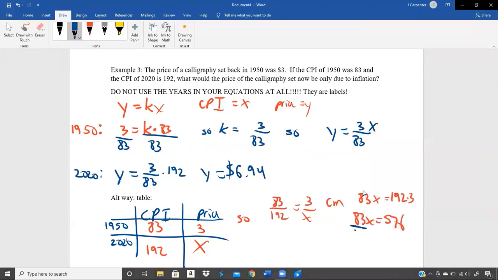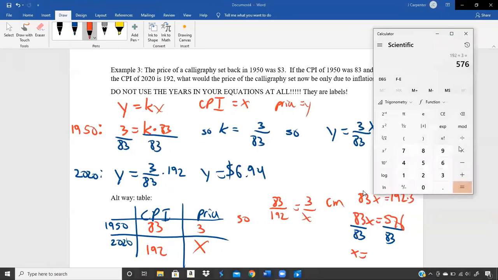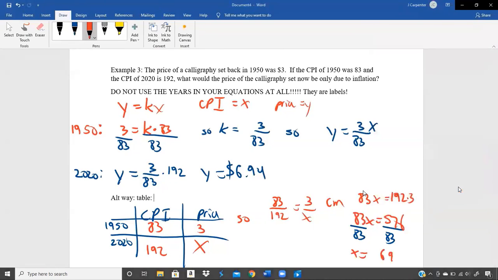We divide both sides by 83, giving us our ultimate answer, x equals, I bet you already know it, I hope you already know it, divide by 83, drum roll, 6.939, which is $6.94. x was still the price, same answer.